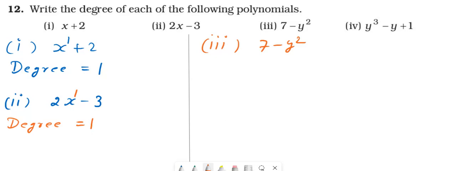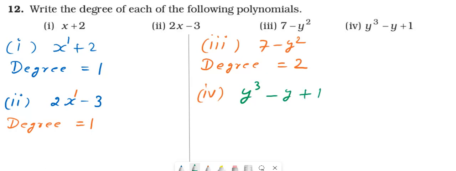So, degree is 2. In the fourth part, the expression is given y cube minus y plus 1. Beta, the maximum power of y is 3 here. So, degree of polynomial is 3 here. So, I think the concept is clear.